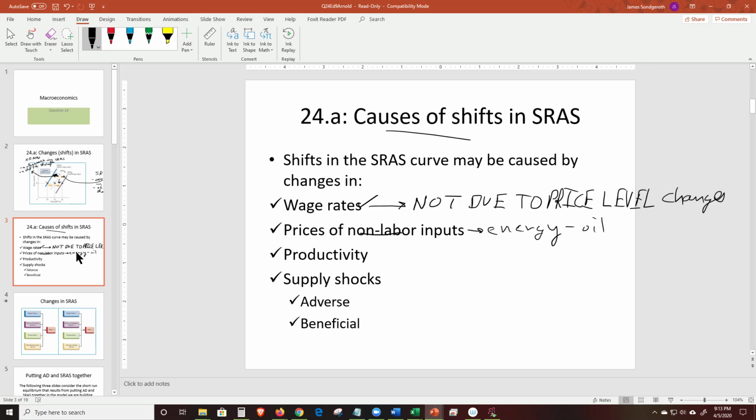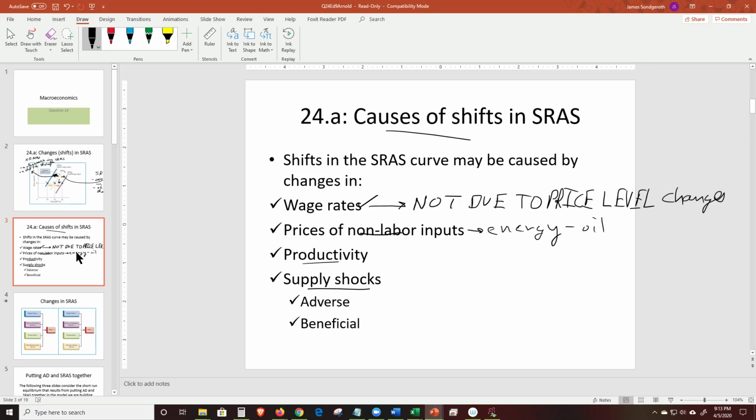Price of oil goes down, shift to the right. Productivity, of course, this is very important too. So the more productive labor and capital is, the more that can be produced. More can be produced, the better off we are. So if productivity increases, obviously we shift to the right. If it decreases, we shift to the left.